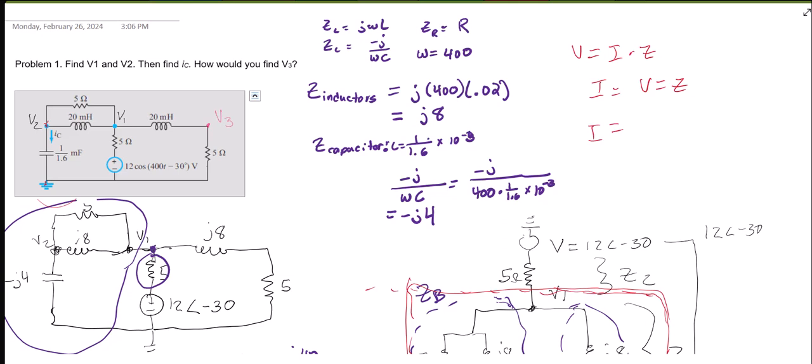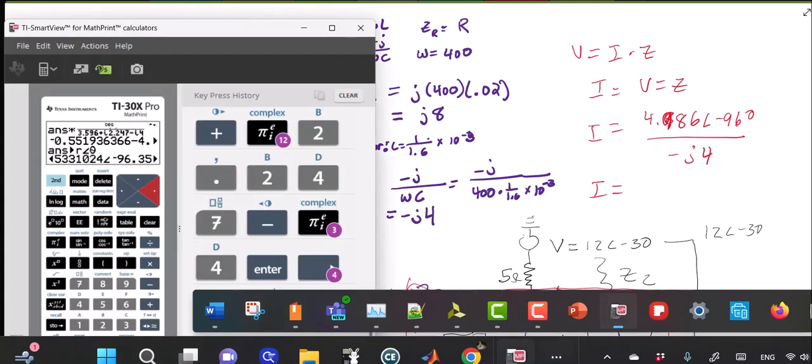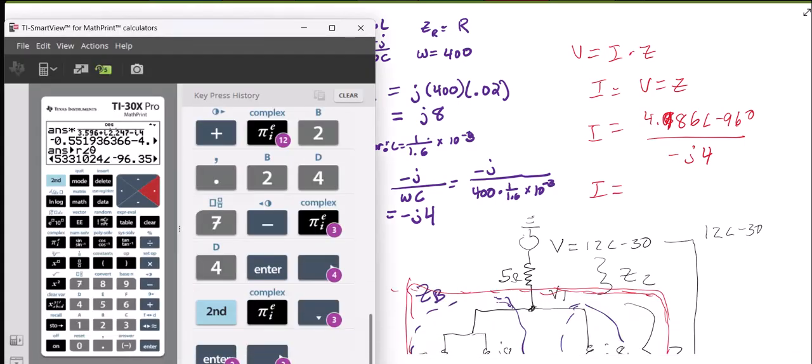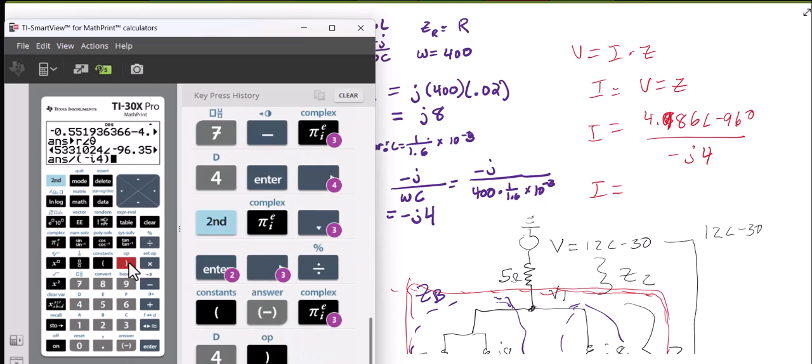So I equals V, which is the V I just got, 4.986 angle negative 96 degrees, over the impedance, which was minus j4. So it was the answer that I just got divided by minus j4 in parentheses, because if I don't put it in parentheses, it'll divide by j and then multiply by 4.